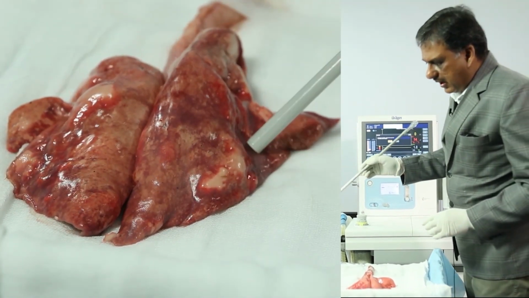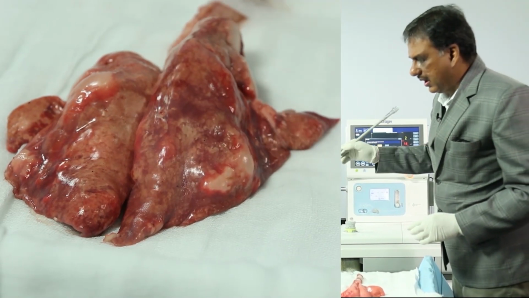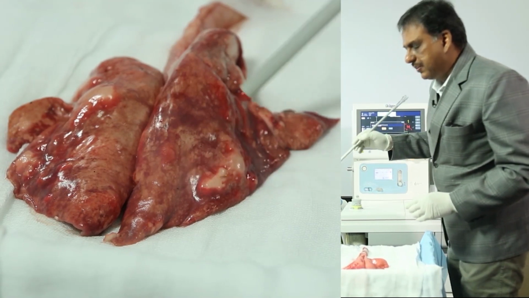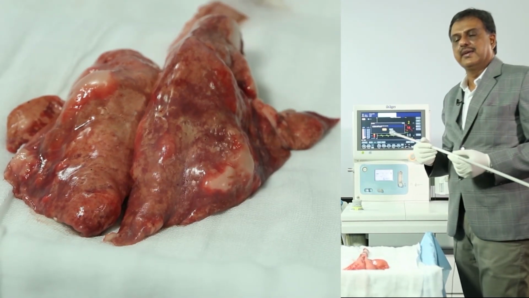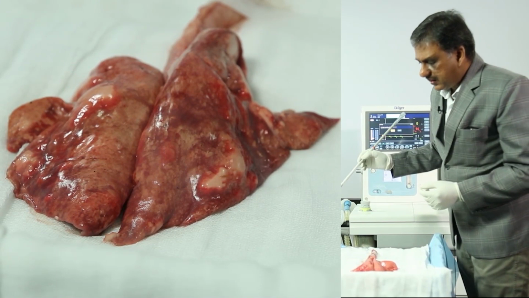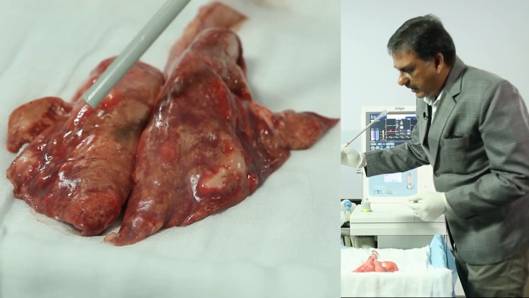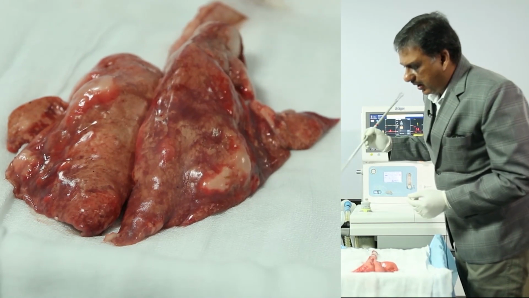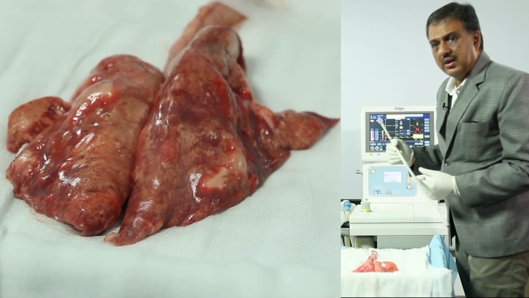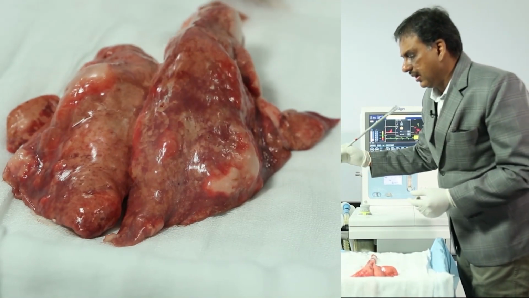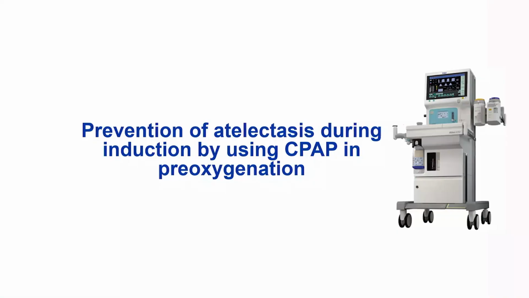See, this dark brown area is representing atelectatic area. This bright white structure is fully open alveoli, and these dark red colored areas are atelectatic area.